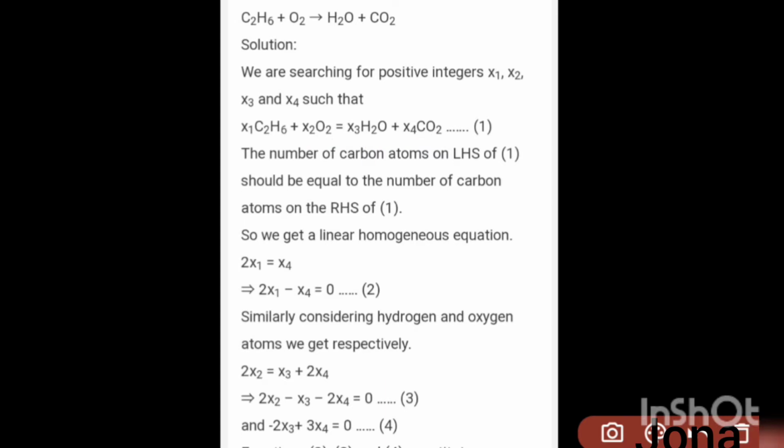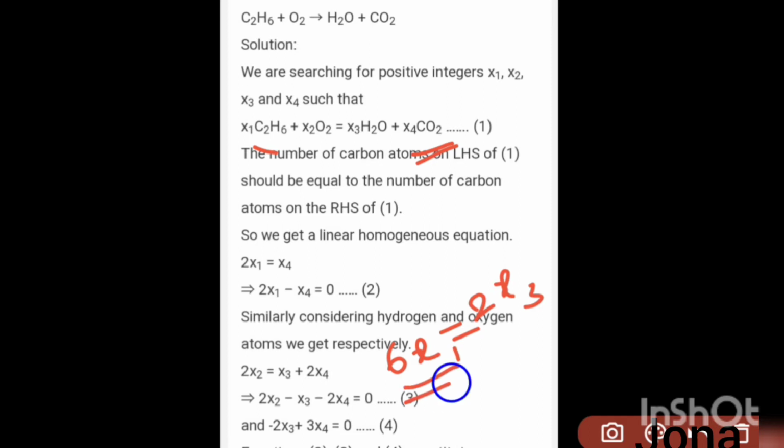And then I want to take the equation for hydrogen now. Here the hydrogen atoms are 6x1 on the left hand side, and on the right hand side hydrogen atoms are 2x3. Take everything to the left hand side.